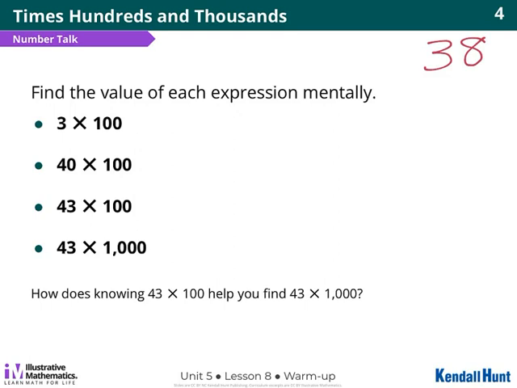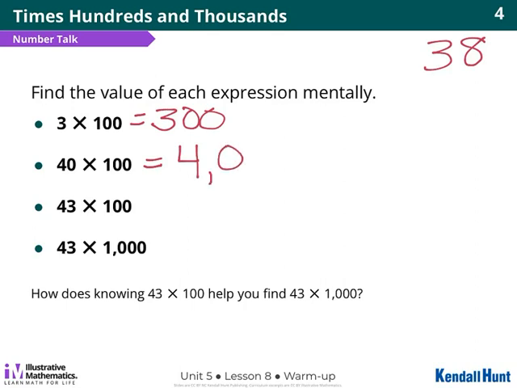300. Very good. What is 40 times 100? Delaney. 40,000. Very, very close. You got the right idea. Gage. 4,000.